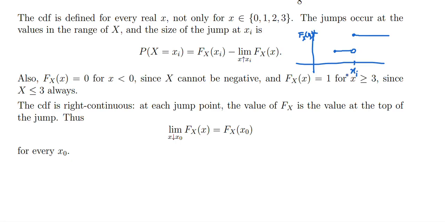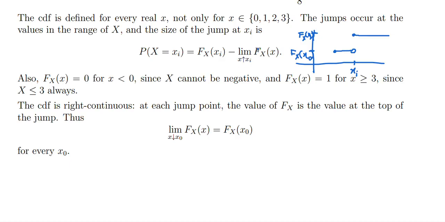This is the x_i point. So F_X(x_i) is the upper point, and then how we defined it in terms of x_i, this point: we come left to x_i, as x approaches x_i from the left, then we are here, F_X of some x naught, let's say. So that would be this number, and there we go. This is the probability of X equals x_i.